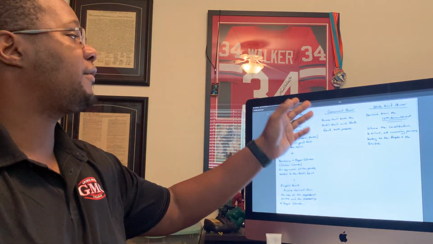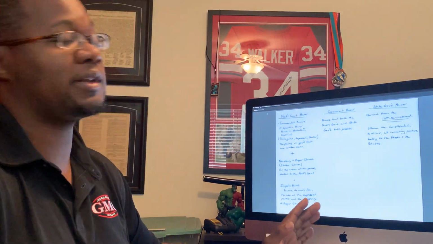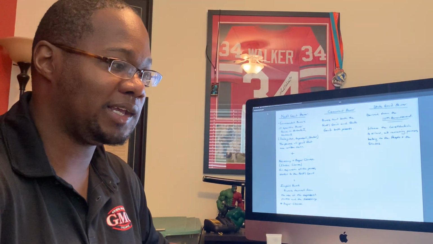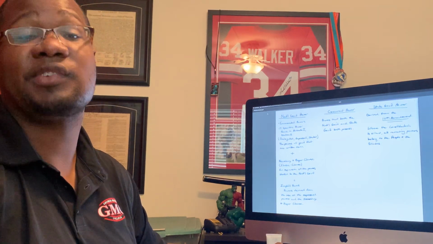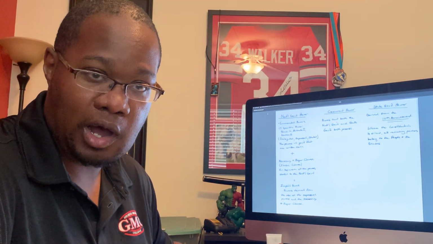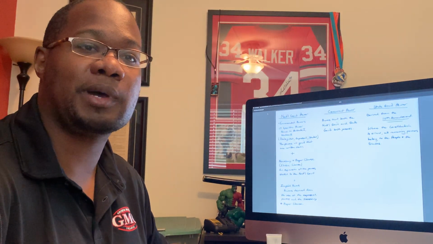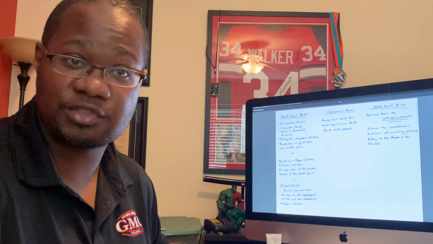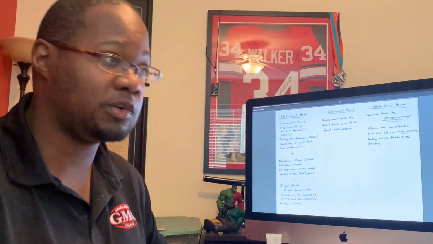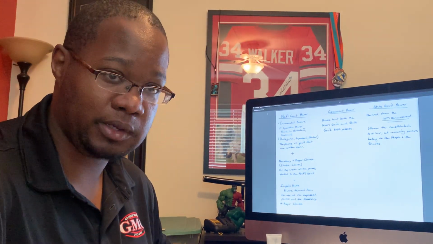And then we have the concurrent powers, the powers that both the national government and state government possess. Again, we're not talking about share. If I go to my job and when I get my paycheck, I'm going to look on my check and I'm going to be taxed. And I'm going to be taxed by the national government and the state separately. Well, why?